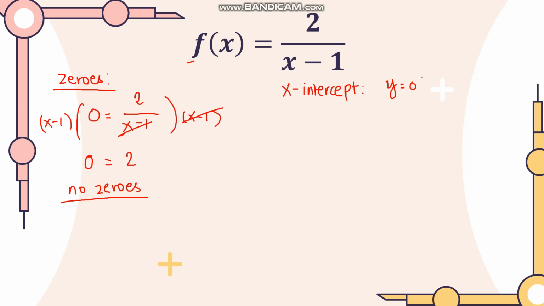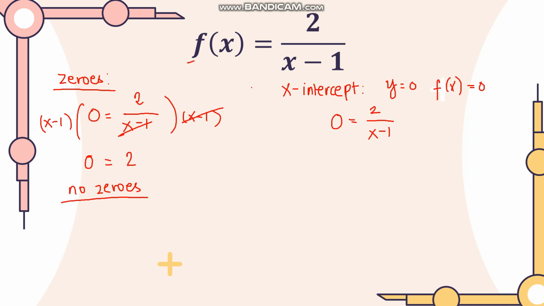So if we replace f of x or y with 0, we still get 0 equals 2 over x minus 1. Again, when solving for the x-intercept of a given function, we set y to 0 or f of x to 0, because all the points on the x-axis have a 0 value for their y-coordinate.